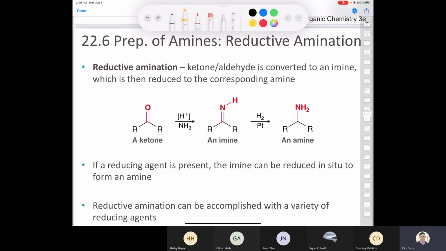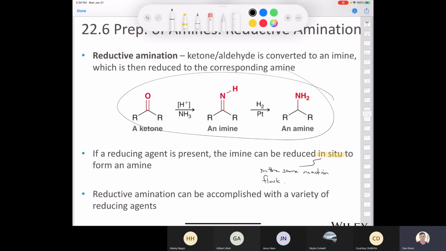In situ just means in the same flask, in the same reaction flask or vessel, whatever you want to call it. So there is a way that you can do reductive amination all in one step. You can basically go from here to here directly, and that's what in situ means. It means you do it all at one time.